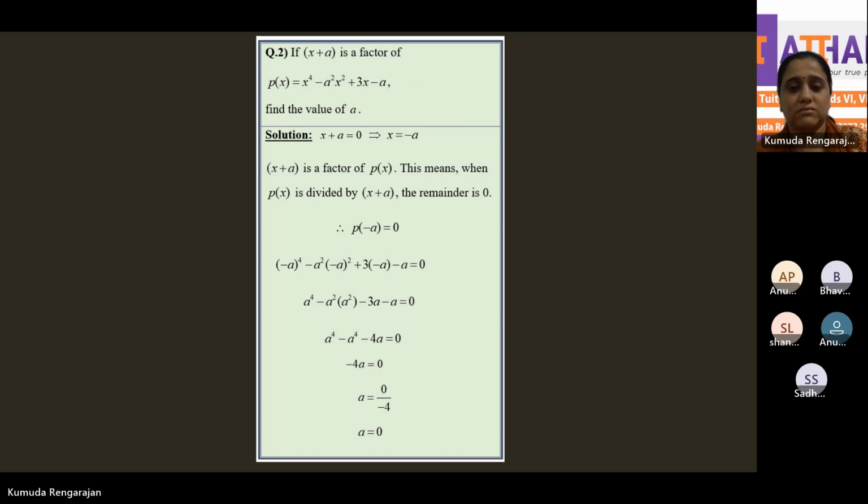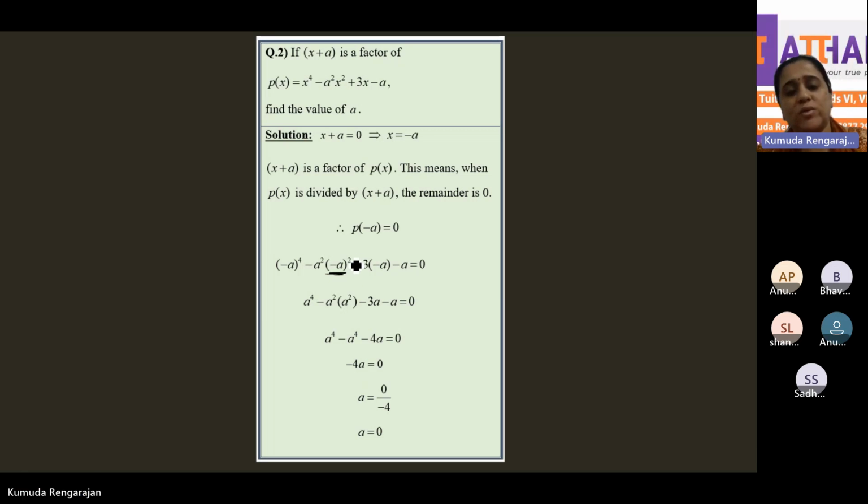Here, children, this is where you'll have to be very, very careful. You must not do minus into minus plus. How do you simplify this? First, minus a the whole square.